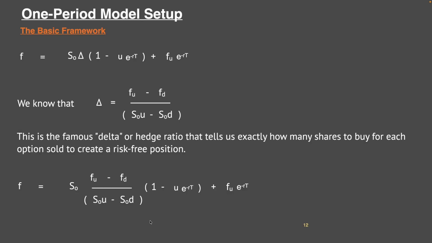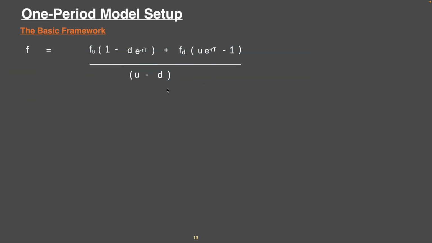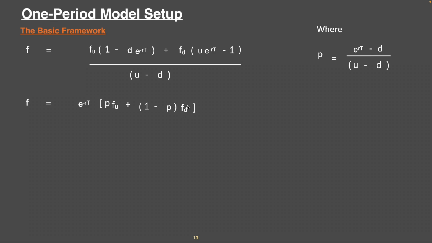When you substitute and simplify, you get this particular equation where we are considering P equal to e to the power of RT minus D divided by U minus D. So if we consider P, that is the probability, as equal to e to the power of RT minus D divided by U minus D, then we will arrive at the price of the option F equal to e to the power of minus RT into the probability of up move, that is the option price moving up Fu, plus 1 minus P, the probability of FD, where FD is the price of the option moving down.